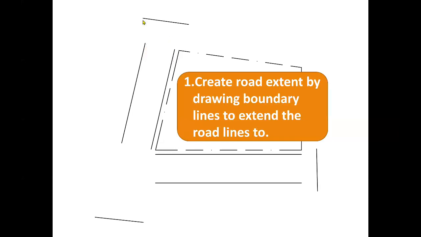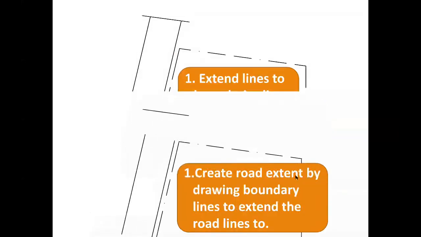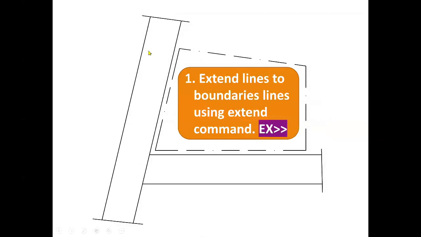We're going to create 1, 2, 3 boundaries, after which we're going to extend those lines to the boundary. So we're just going to draw 3 random lines, the same way in the road layer, and extend the lines up and down and across. All right, so let's go back for that.